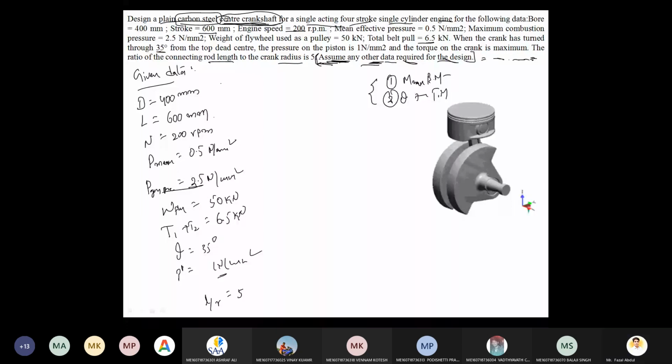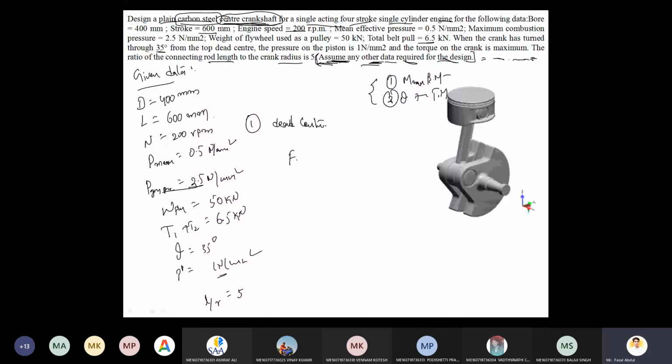First one, crankshaft at the dead center. The gas load is acting on the crankshaft due to the gas pressure, that is pi by 4 into d square into maximum gas pressure.